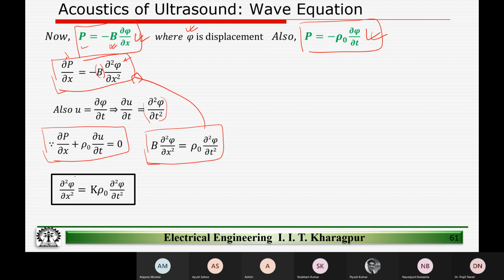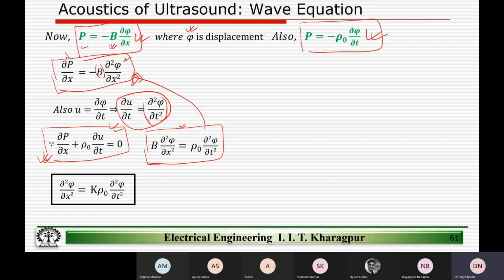I replace del u del t, which I know is del 2 phi del t square, and I'm just using this basic relation between u and phi to come up with this equation. You can do the math and see it works out.